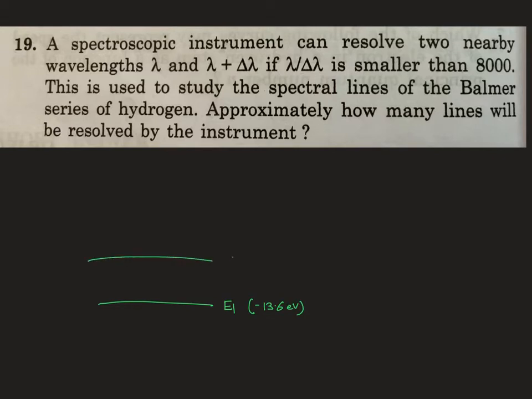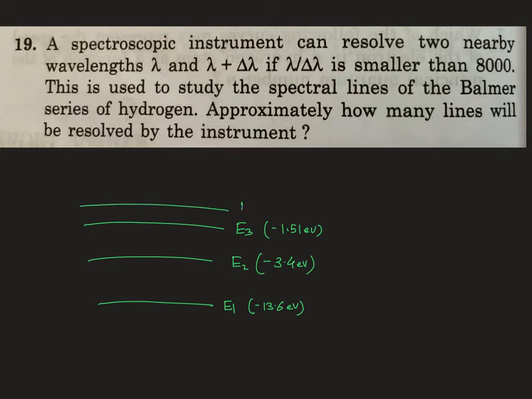E2 is minus 13.6 by 4, right? Minus 3.4 eV. And then E3, the next level, happens to be minus 1.51 eV.